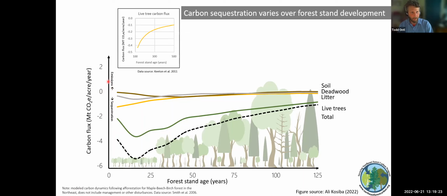Anything that's positive is an emission back to the atmosphere. And you can see here, again, live trees shown in green. That sequestration rate is really highest in those young stand conditions below 50 years of age. But it's not all driven by live trees. We also have some of these other carbon pools that are contributing, particularly at those young age classes. And this inset, again, shows what happens beyond into those old growth stages.